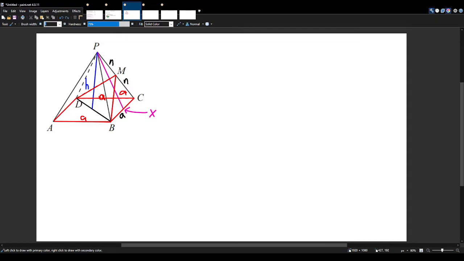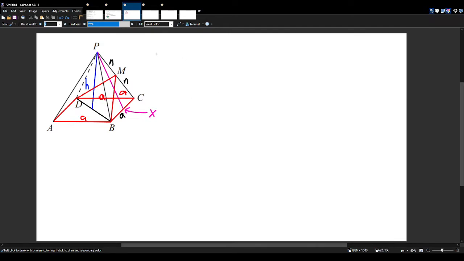Okay, I mean congruent. Sorry, they must be congruent triangles. So DMB and DCB are congruent, which means MB and CB have the same length. And this simplifies the problem immensely, because then we only have two unknowns basically.